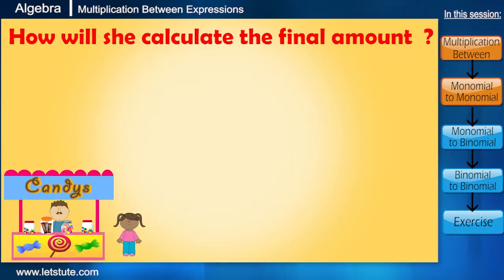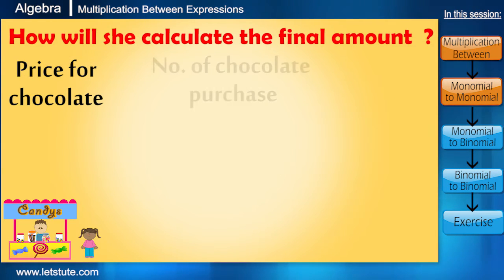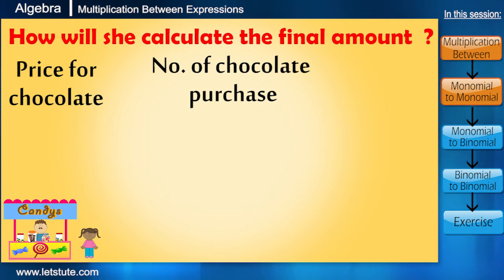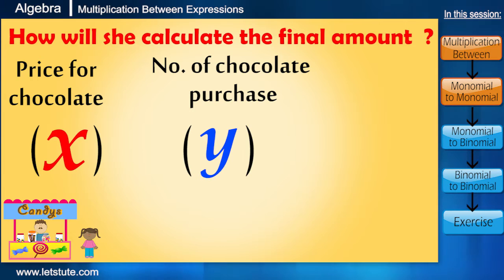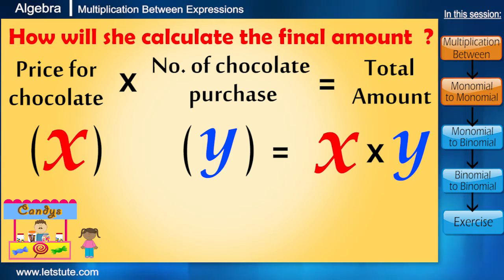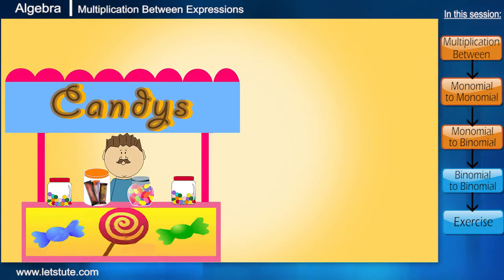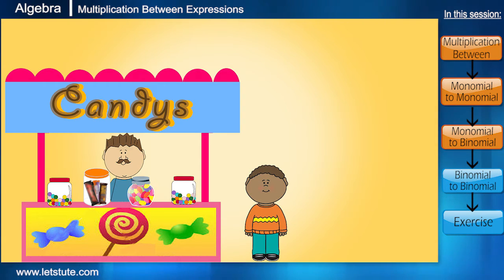It's easy, as the price for the chocolate and the number of chocolates to be purchased is unknown. Then for that, she can take the unknown numbers x and y respectively and will multiply. So the final payable amount will be x multiplied by y. Now some days later, Sheena's brother Sam went to buy chocolates.